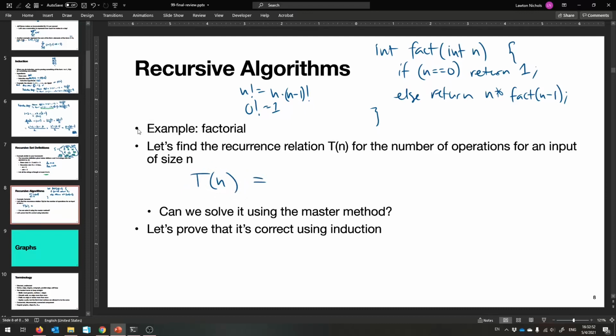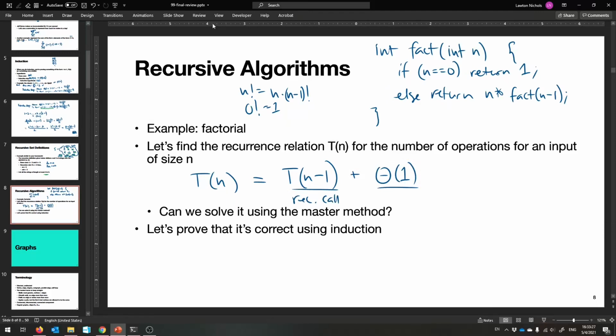We usually talk about the recursive case. You have to do a multiplication by a number, and you have to return it, so it's like 2 basic operations or so. And then you have to call fact of n minus 1 first to get the answer. That's T of n minus 1. Plus theta of 1, because you just have a constant number of stuff left. So this is the recursive call.